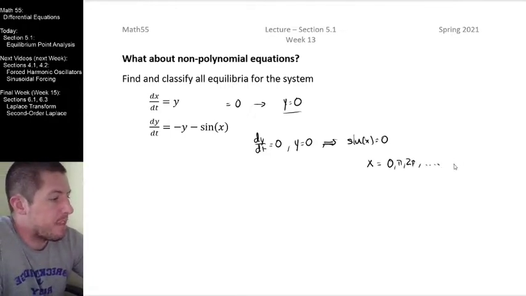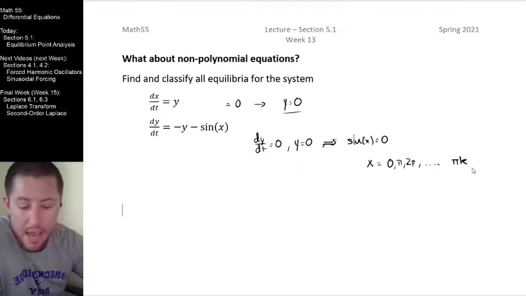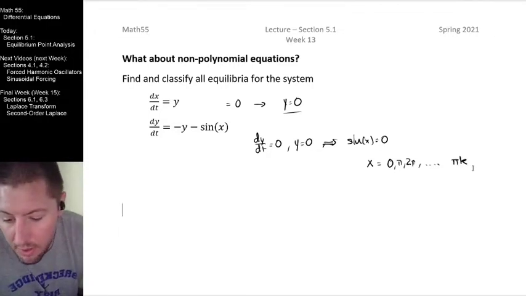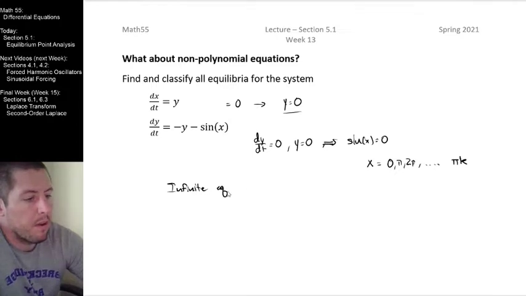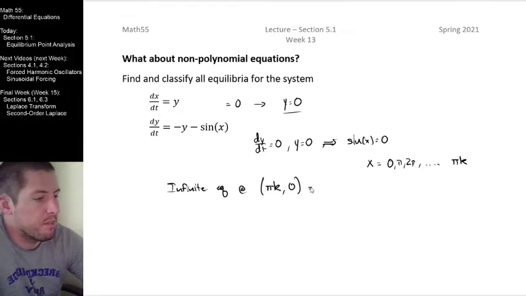Maybe I should just say that it's at pi k where we're going to get all of those equilibria. So let's say there are infinite equilibria at (pi k, 0). That's our x-y locations of all those equilibria.